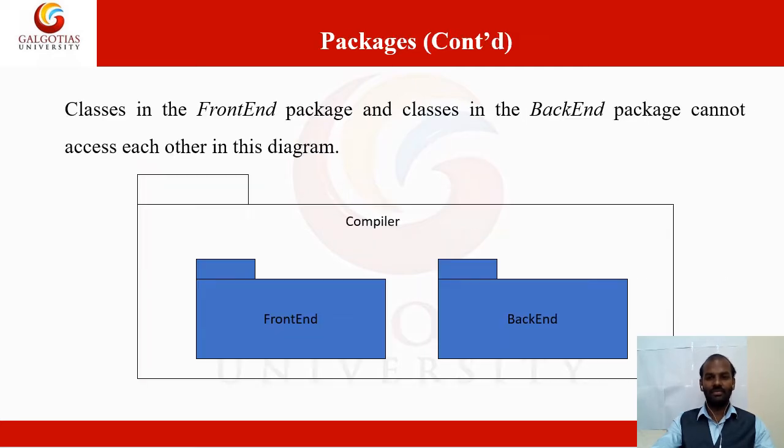Coming to the next thing: how are the front end and back end put into one single package diagram? We will discuss that in this slide. One class is a front end package and the other is a back end package, and they cannot access each other in this diagram.